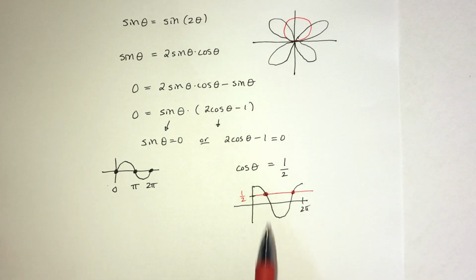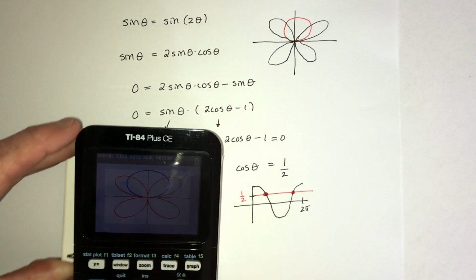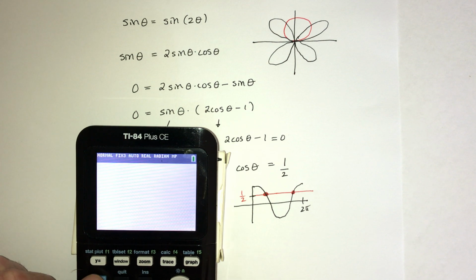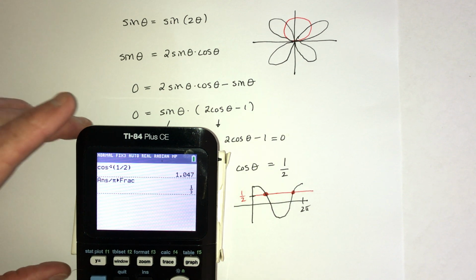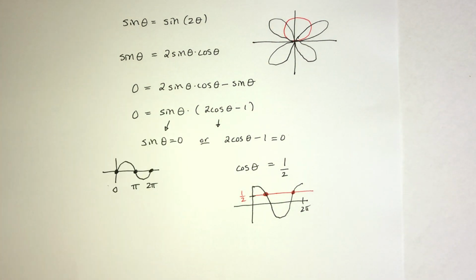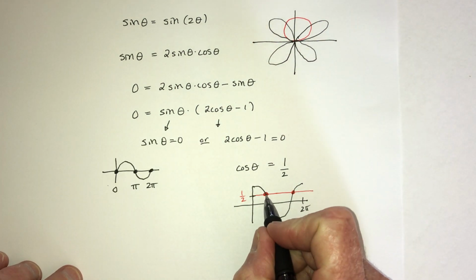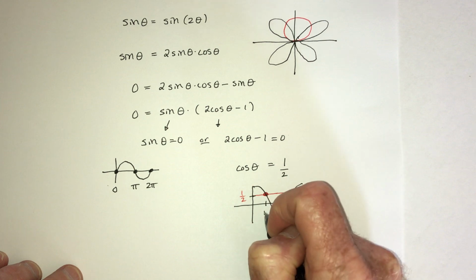The first solution you can find by doing cosine inverse of a half. So cosine inverse of 1/2, and I believe that's pi over 3. Let me see. Divide it by pi and change that to a fraction, and it's 1/3, so it's 1/3 of pi, or pi over 3. So this one is at pi over 3.